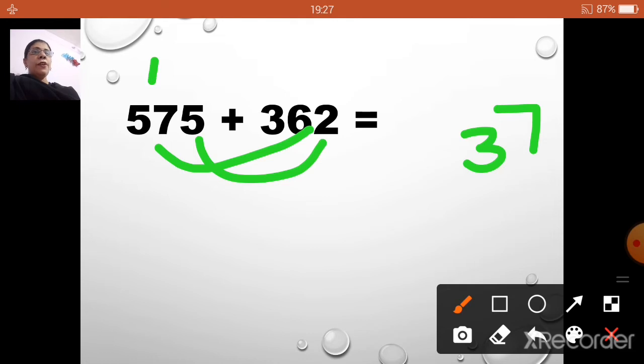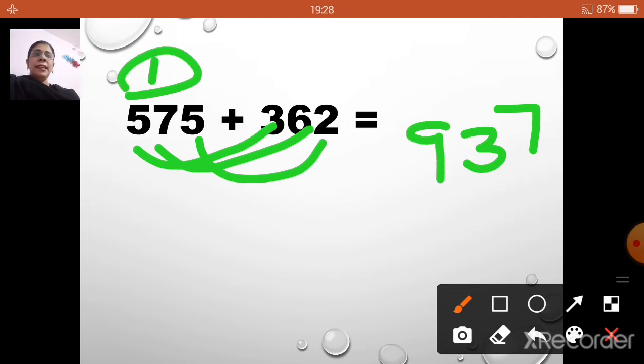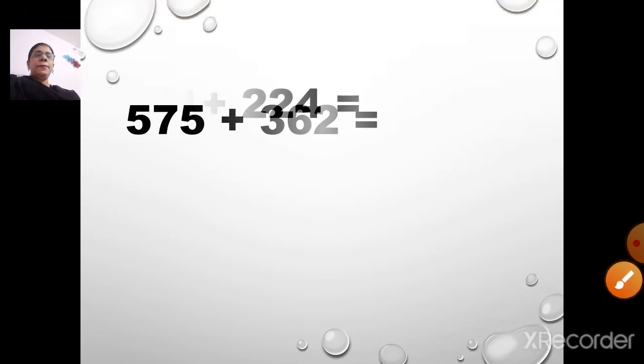That 1 is carried over to the 5. So 5 plus 3 will be 8. Now to that 8, if I add this 1, what answer do I get? 9. So when I add 575 plus 362, I get my answer 937. I hope you are understanding very well, children.